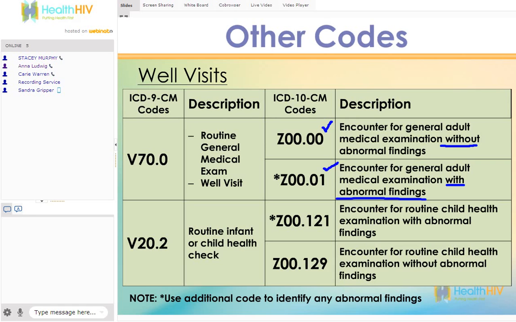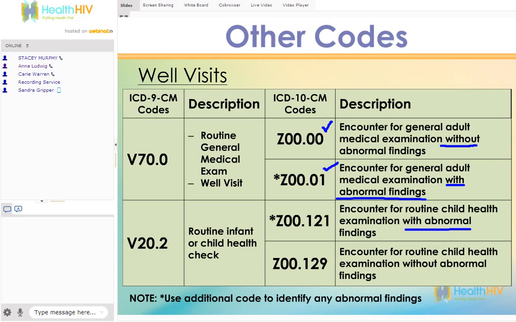If there's any abnormalities, you would report Z00.01. The codes are currently going to be under review for the next coming cycle to determine whether or not they want to continue with that definition of with abnormal findings, because there was a lot of confusion nationwide in terms of how to use the codes.